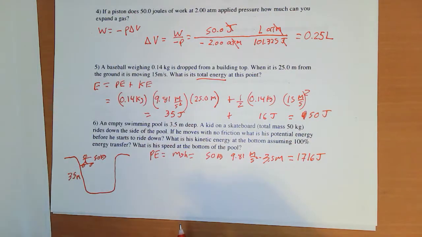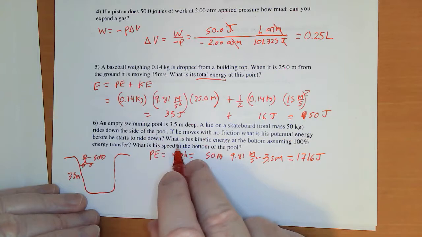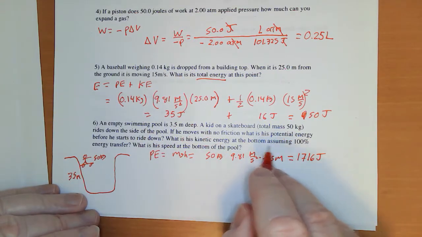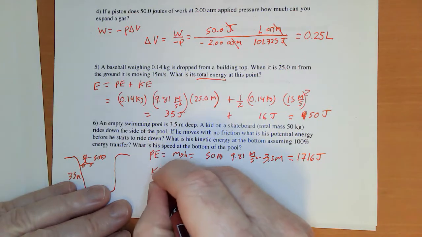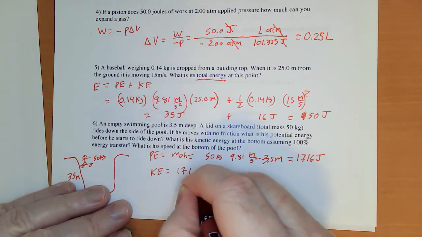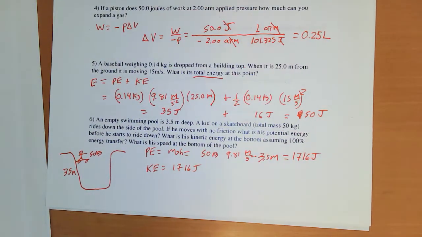All right? Now, that's this first part. What is his kinetic energy at the bottom, assuming 100% energy transfer? His kinetic energy is 1716 joules. Because all that was potential has now been converted into kinetic.